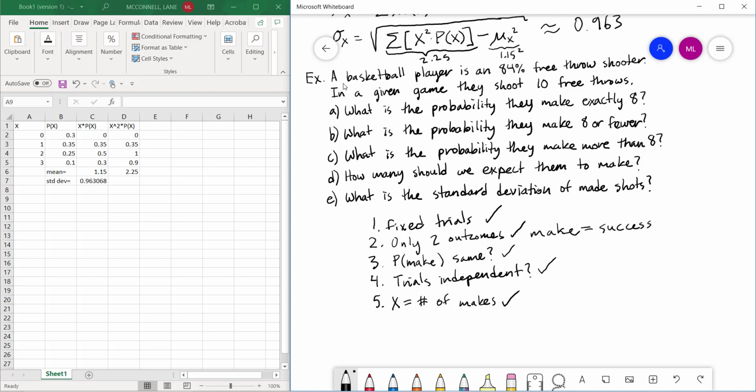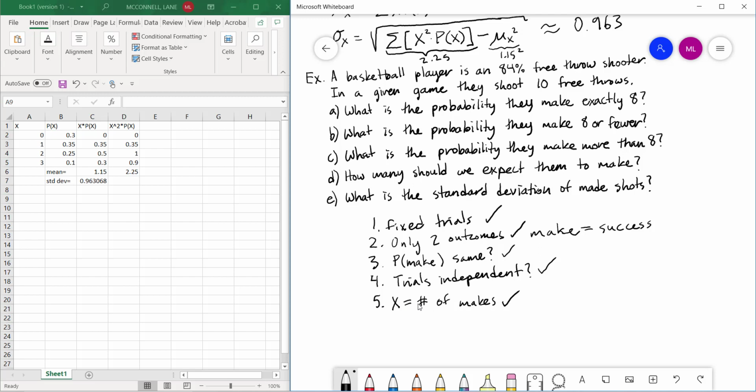Let's say we have the same scenario, but instead of one basketball player shooting 10 free throws, we have 10 different basketball players each shooting one free throw. So we still have a fixed number of trials. We're going to count how many shots they make, and there's still 10 because there's 10 people each shooting one free throw. There's still only two outcomes, make or miss, so success or failure.